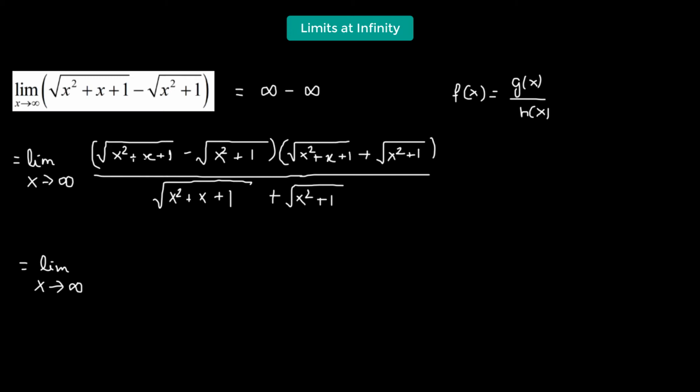Now we have in the numerator the product, which is in the form of a minus b multiplied by a plus b. So here we can transform it to the identity a squared minus b squared.